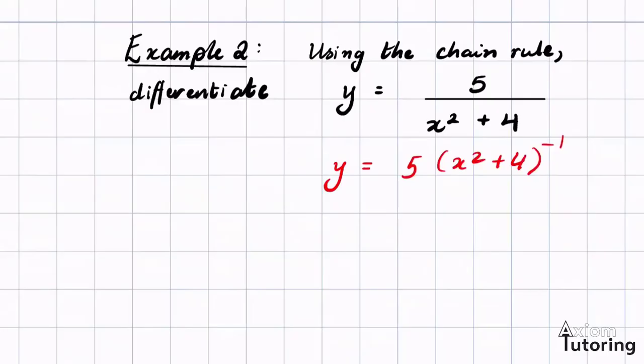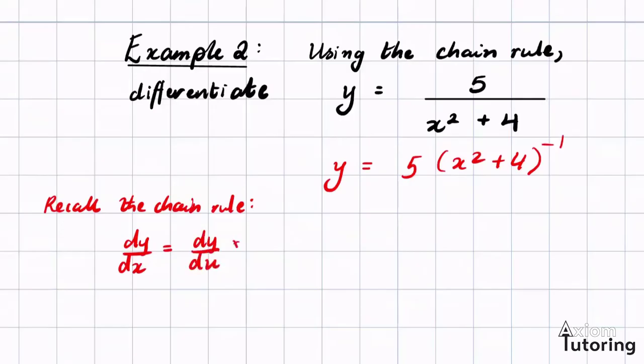Let's recall the chain rule, and that is dy over dx is equal to dy over du times du over dx.